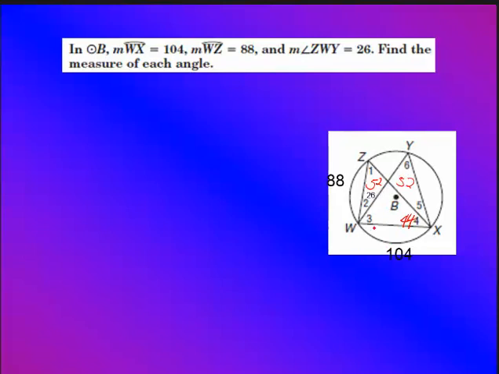So now we have to figure out how to find angle 3 and angle 5. Well look, angle 5 intercepts the same arc as angle 2 does, so it has to be 26, just like angle 2.